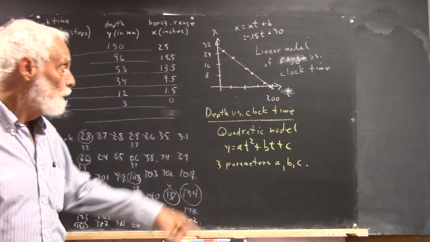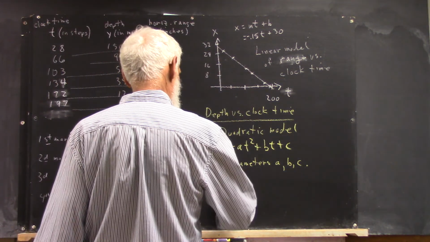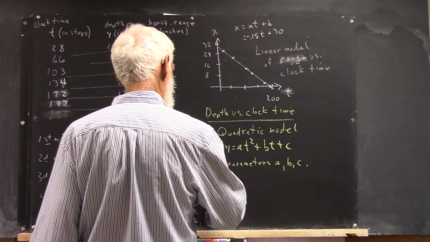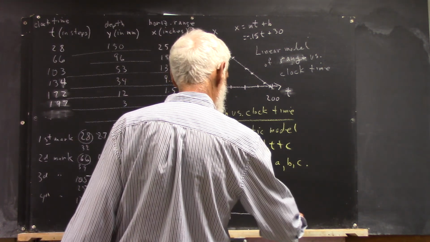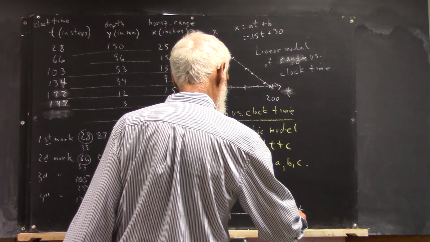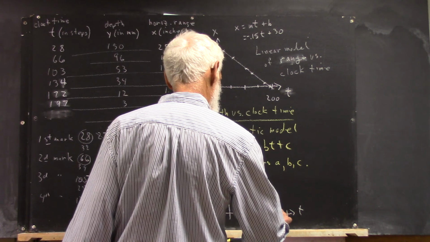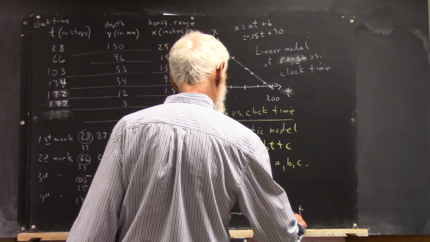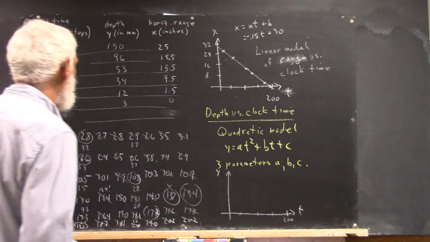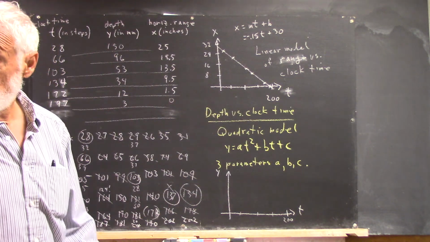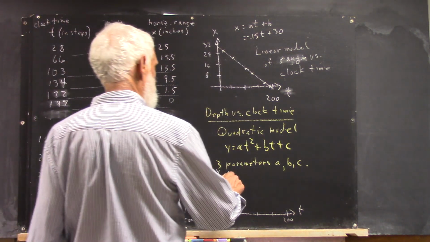So what we want is a graph of y versus t. T conveniently goes up close to 200, so we'll put 200 here and subdivide that accordingly. Y goes up to 150. Well, 160 is easy to subdivide.